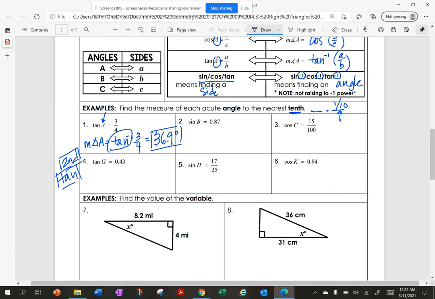So if I want to find angle B, the measure of angle B is going to be sine inverse of 0.87. I put this in my calculator, I get 60.5 degrees.